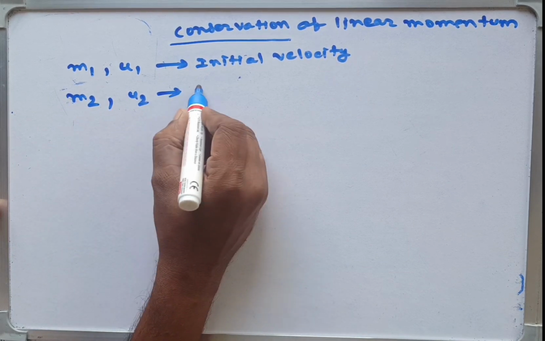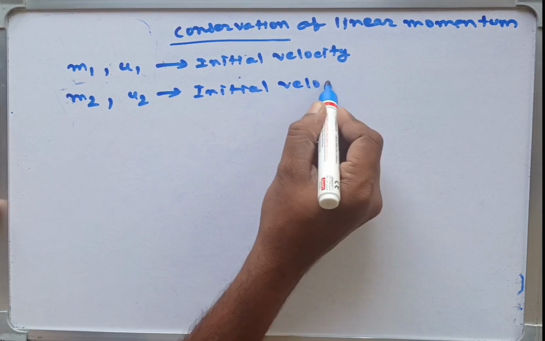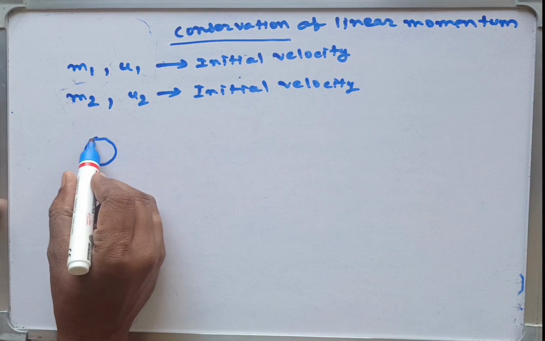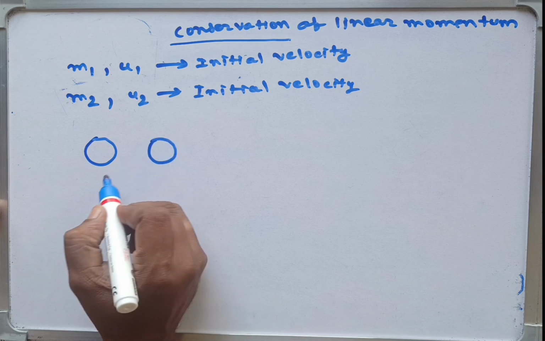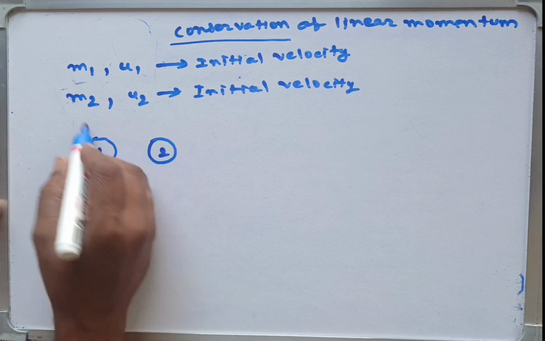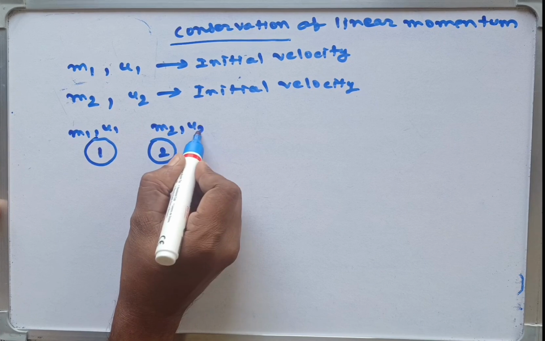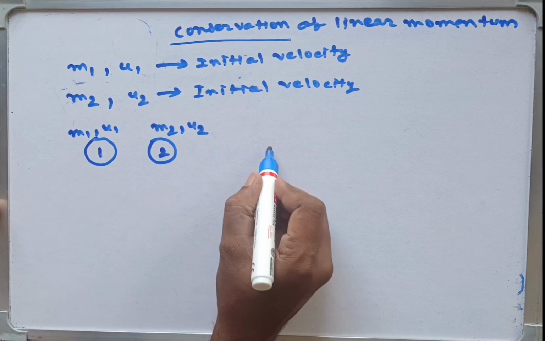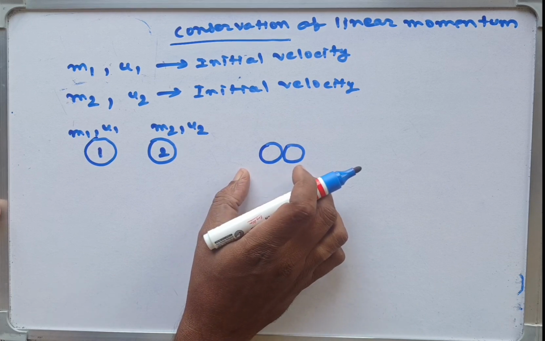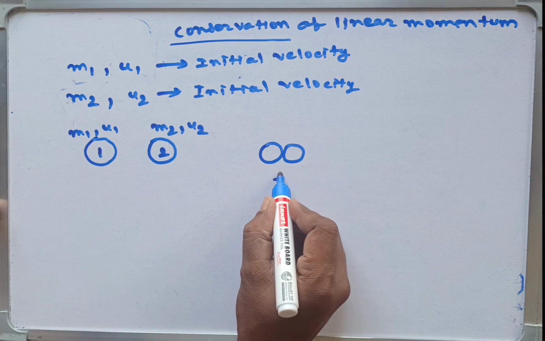This one is ball 1, this one is ball 2. They collide with each other and are together for a time t.